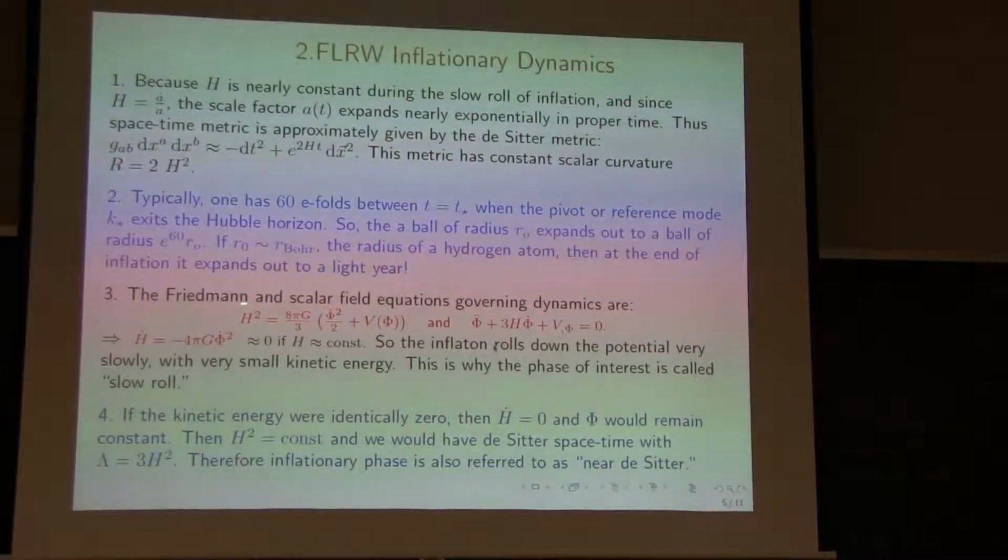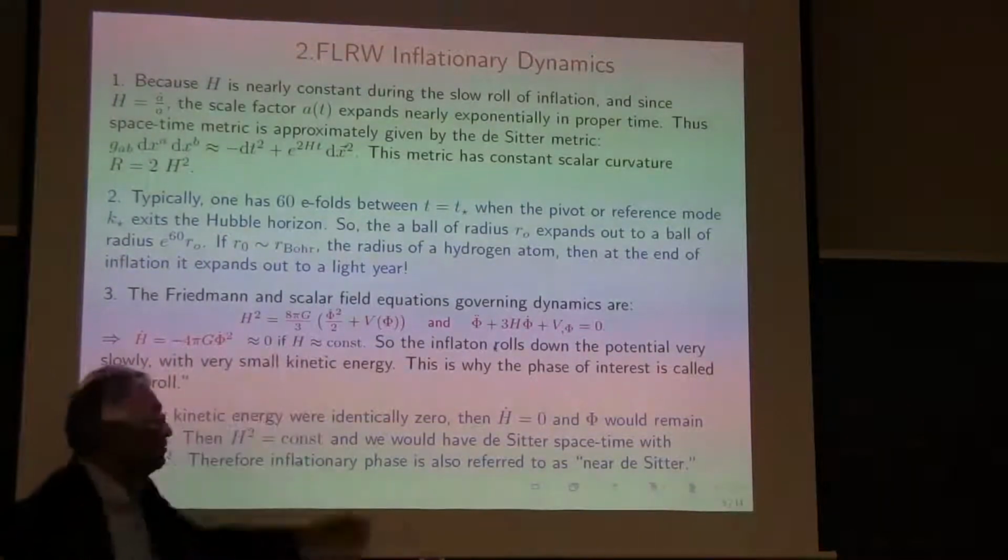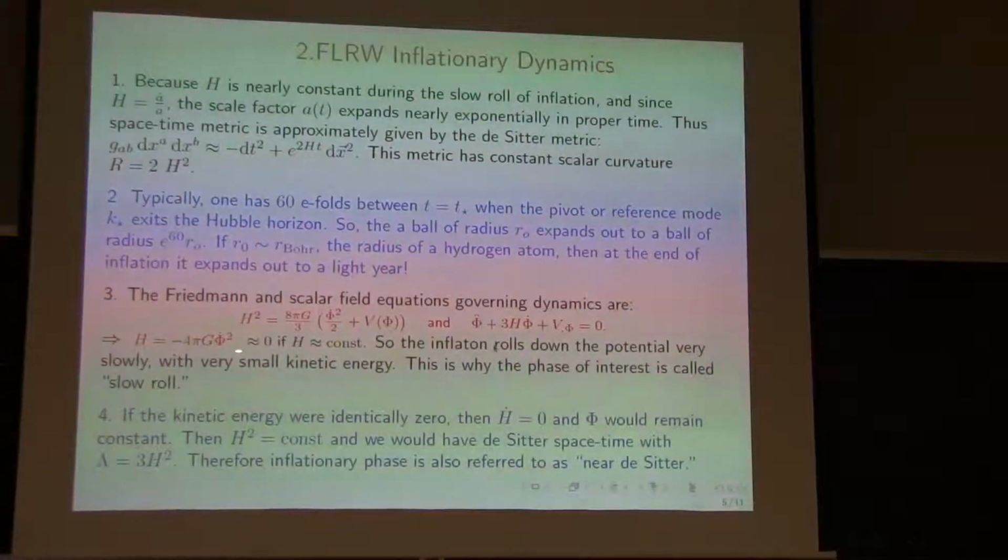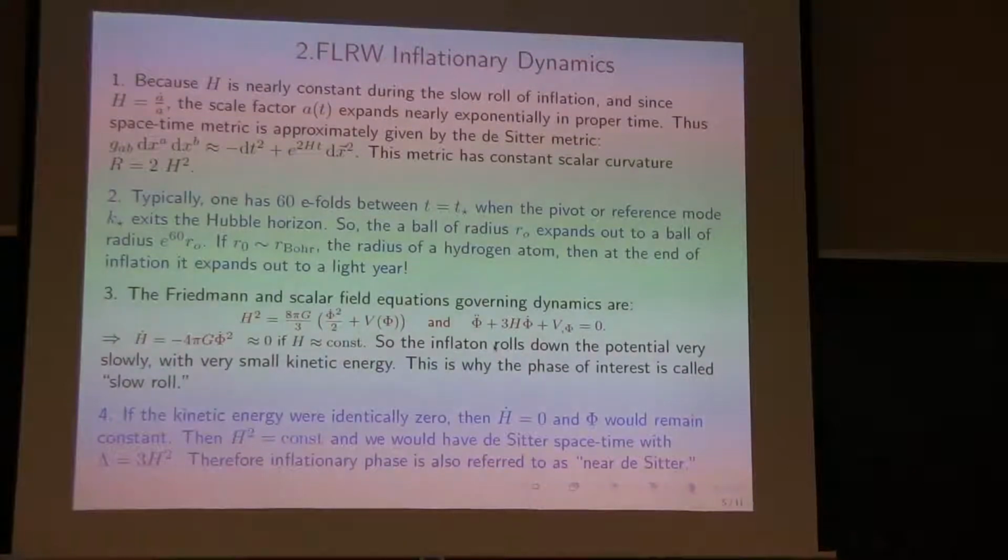The Friedmann and scalar field equations govern the dynamics. We have seen this. This is the background space-time. These are the equations: the Hubble parameter squared is given by 8 pi G divided by 3 times the scalar density. The scalar density is the density of the scalar field, which is a kinetic energy term plus the potential energy term.